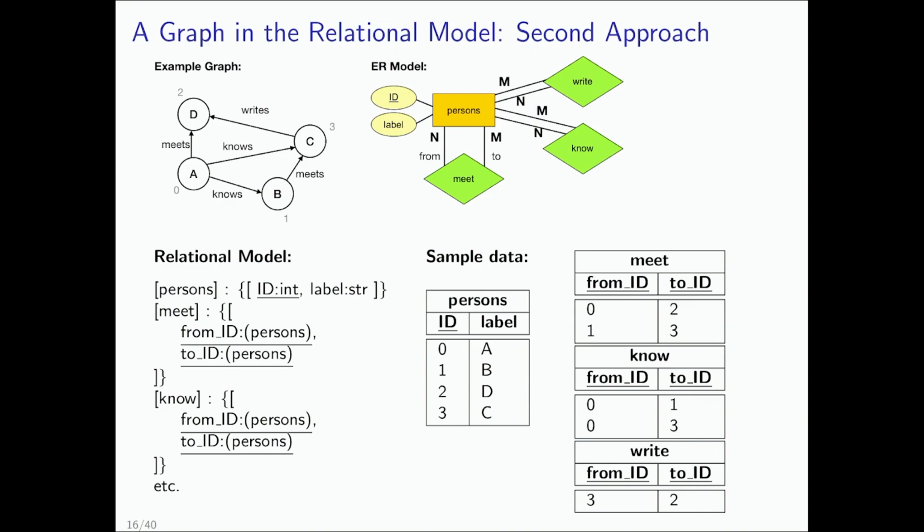Any idea? Does anyone see a drawback here? What if you extend your social graph to allow for a new type of social interaction? Right, exactly.